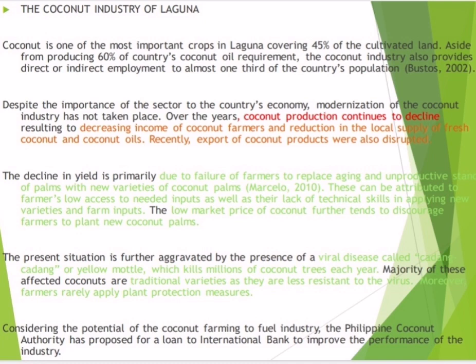But how can they be modernized? By asking for a loan from the international bank. Possibly, if the farmers can have a loan from different banks through the Philippine Coconut Authority, it would help alleviate the problems in the coconut industry, such as the viral disease that targets the traditional coconut trees.